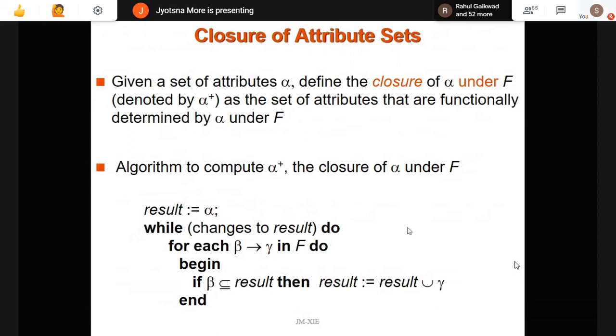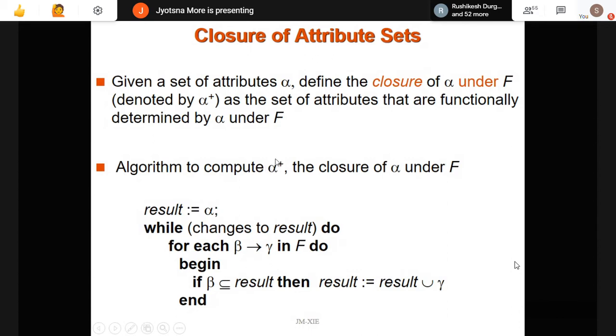That was the closure of functional dependency. Now the closure of an attribute set. Suppose I am taking alpha as one of the attributes. You can take customer name, loan number, payment, any one attribute. The closure of the attribute set is known as alpha plus.